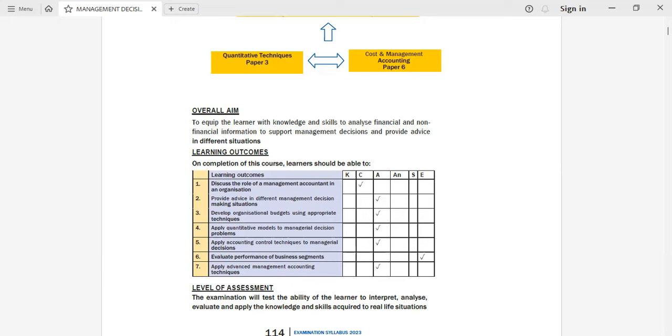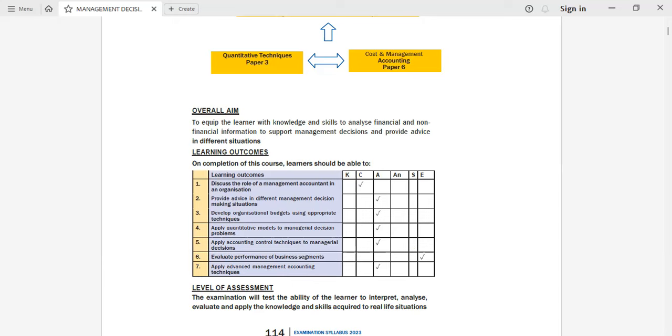We are seeing that the overall aim of MDC, or what the examiner or the institute had in mind when they included MDC in the CPA syllabus. What is the relevance of this MDC in the CPA syllabus or in the CPA qualification?